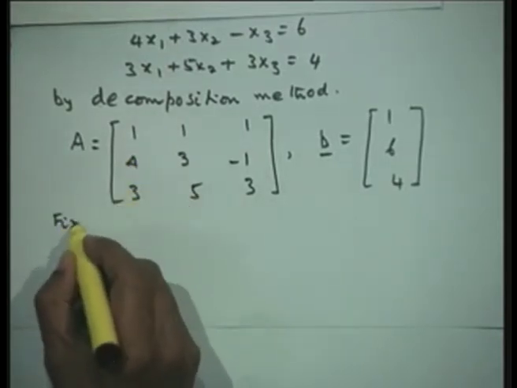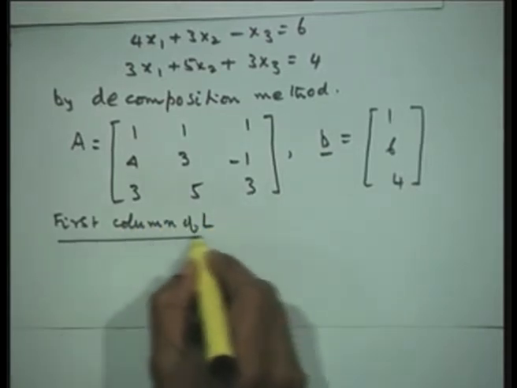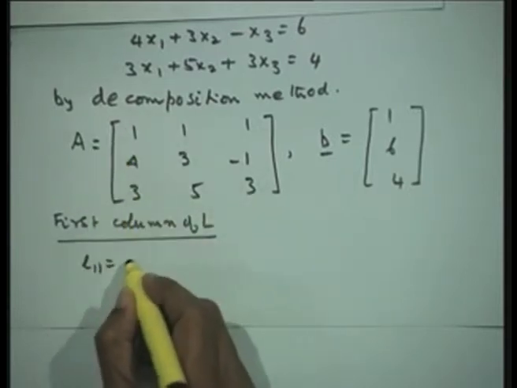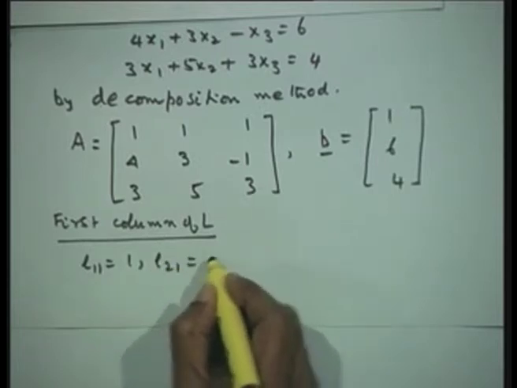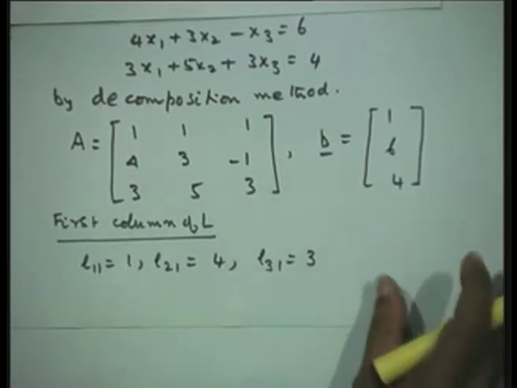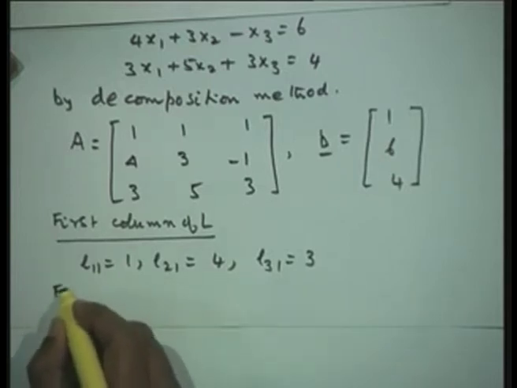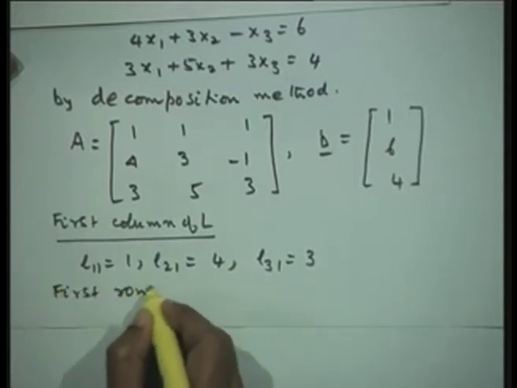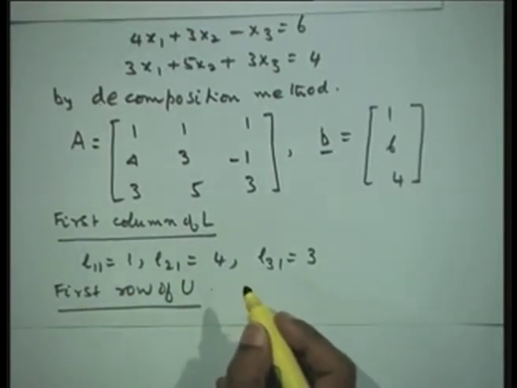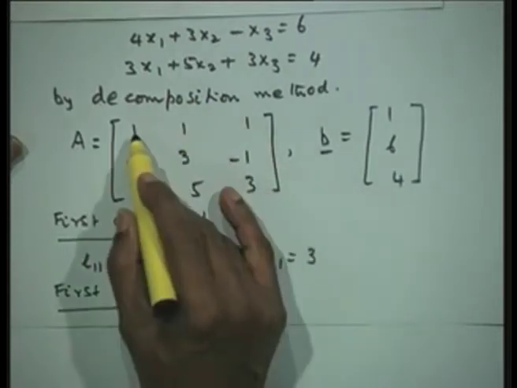So, we will go by the first column of L. Therefore, this is same as the first column. Therefore, L11 is 1, L21 is 4, L31 is equal to 3. Then I can get the first row of U. The first row of U, we said, is the elements of A divided by the pivot.